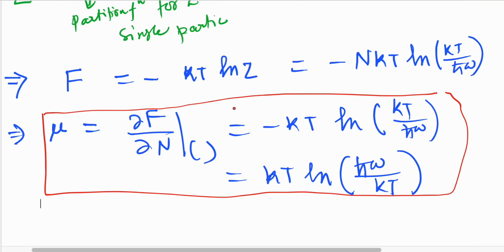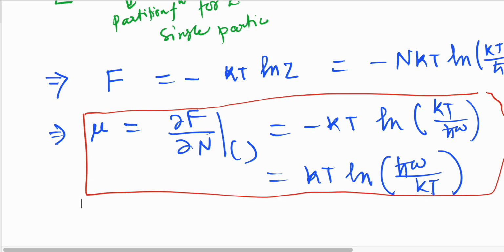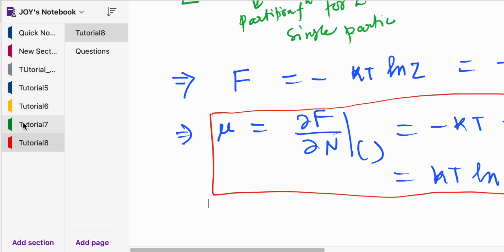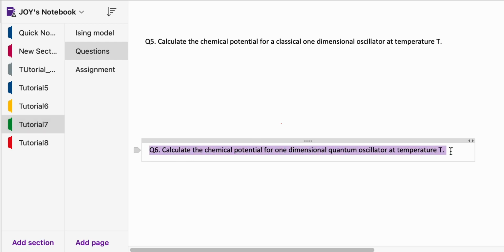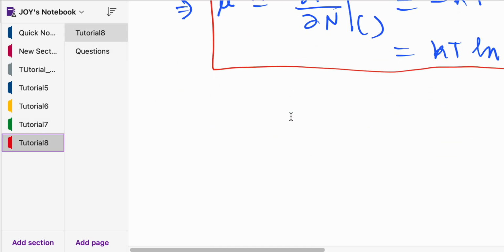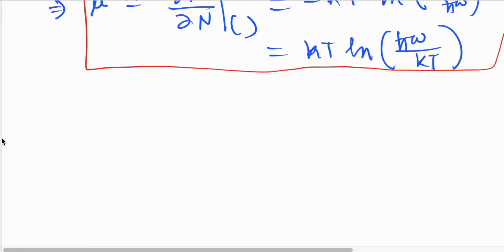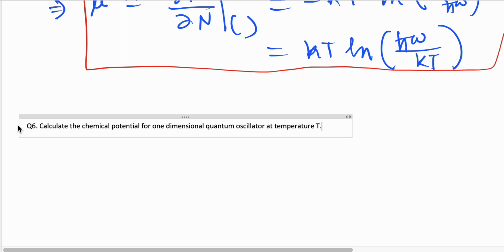Now let's solve the next question, which is similar, but in quantum, meaning the oscillator is not classical but instead a quantum oscillator. Here we want to calculate the chemical potential for a one-dimensional quantum oscillator.